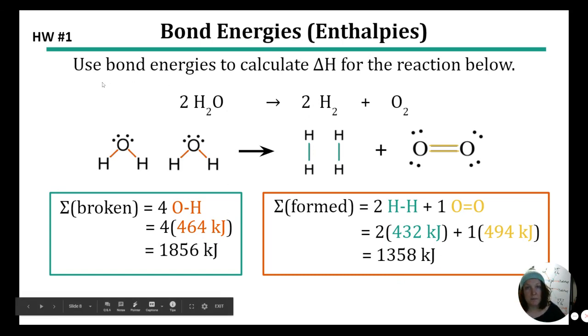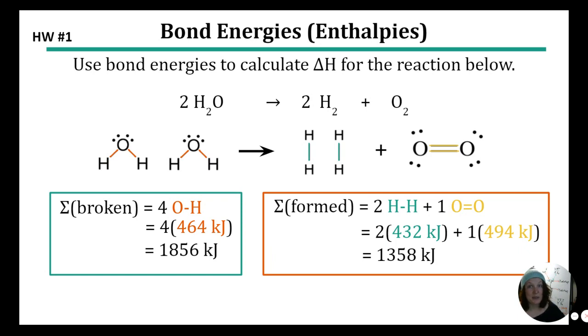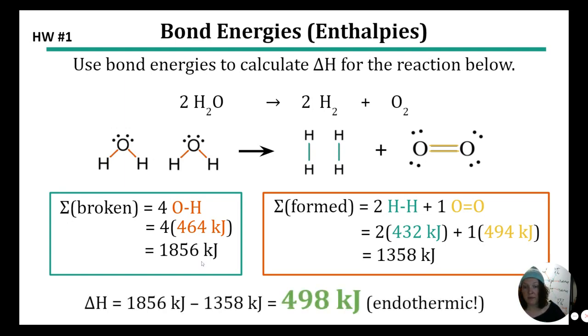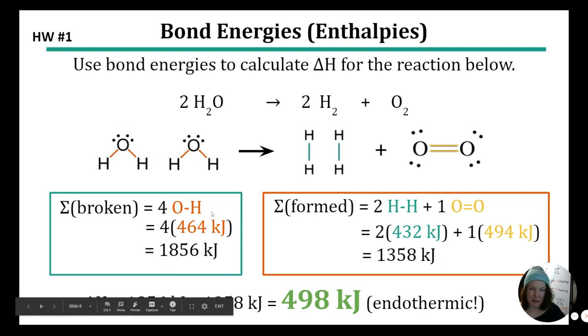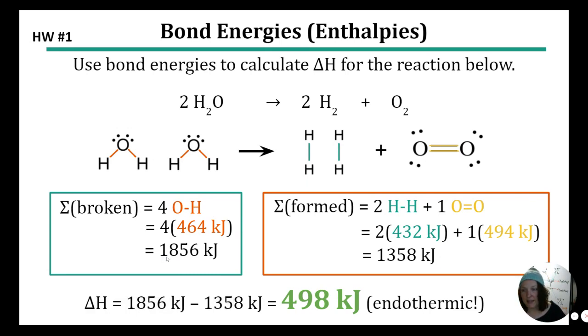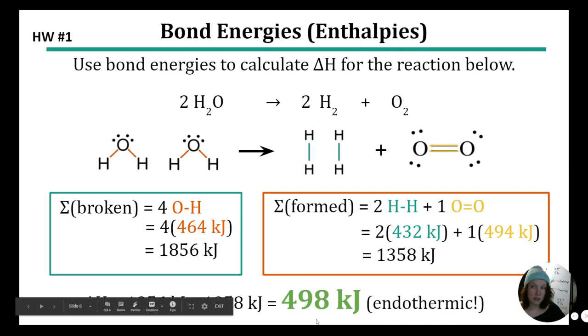The last step is going to be taking this and plugging it into the equation that we were provided, which is bonds broken minus bonds formed. So we're going to take the enthalpy of the bonds broken, and that's 1,856 kilojoules, minus the sum of the enthalpies of bonds formed, so that's 1,358 kilojoules, which gives us a total of 498 kilojoules per mole.